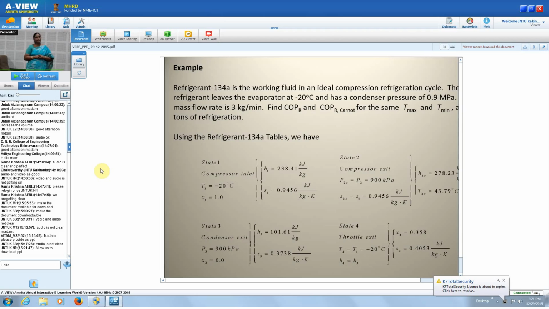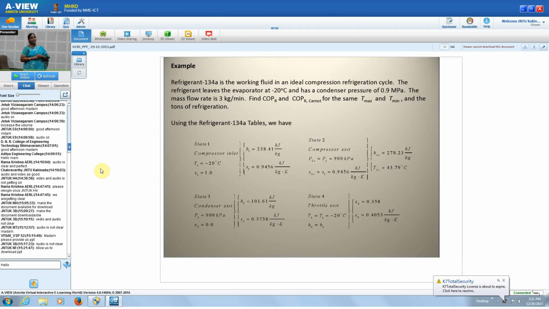And similarly, note down the entropy at 1, from the same table for 134a. At minus 20 degrees centigrade, note down the entropy of the vapor refrigerant. So that is Sg, which is S1, 0.9456 kilojoules per kg Kelvin.